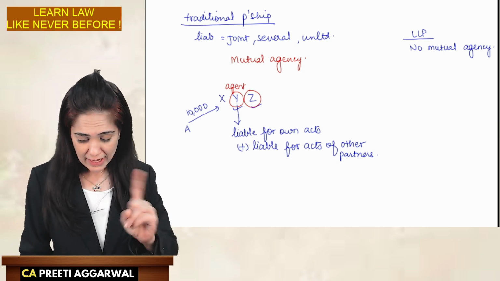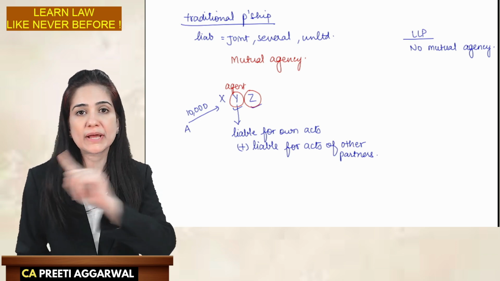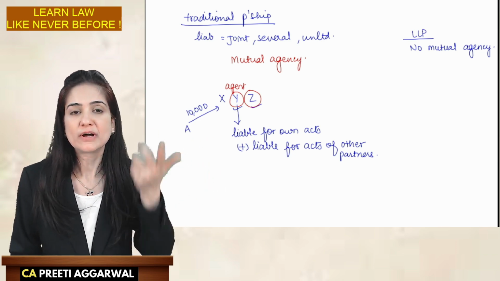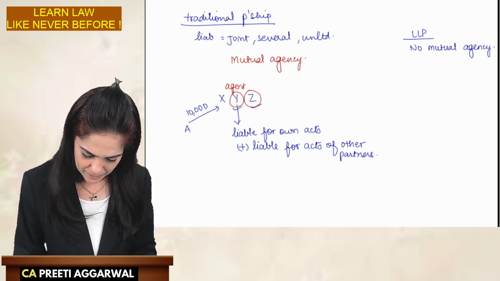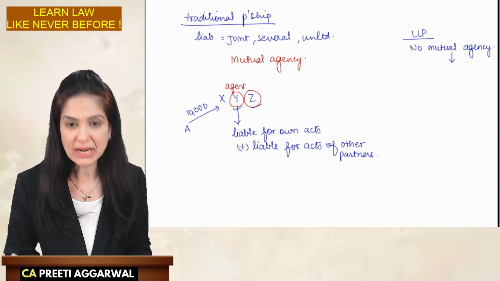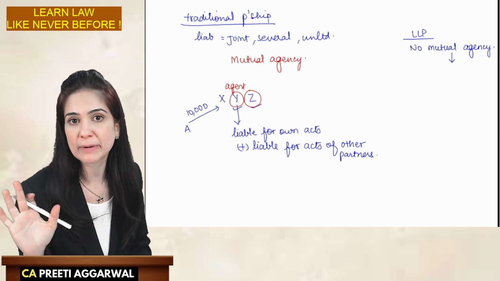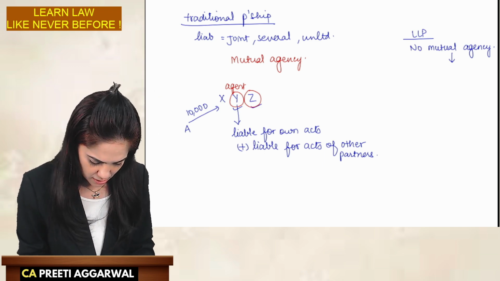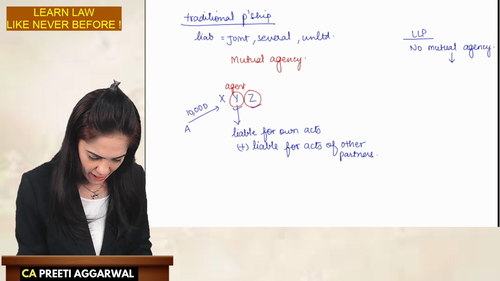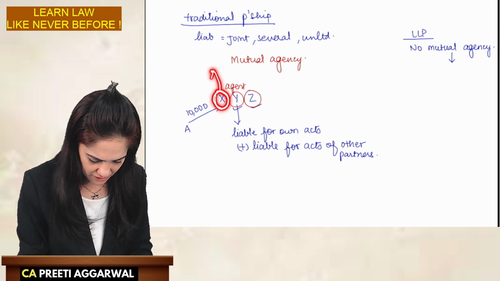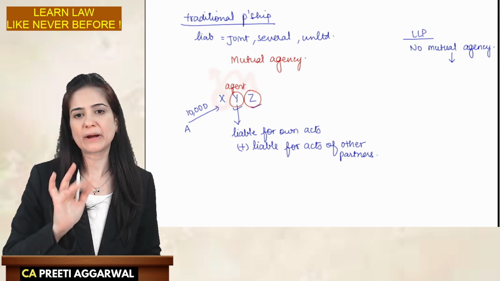Now, in LLP, there is no mutual agency. Ma'am, what is the meaning of mutual agency? Mutual agency means that I am, as a partner, agent of LLP. I'm not agent of the other partners. See, over here, X was acting as agent of the firm as well as agent of the other partners.